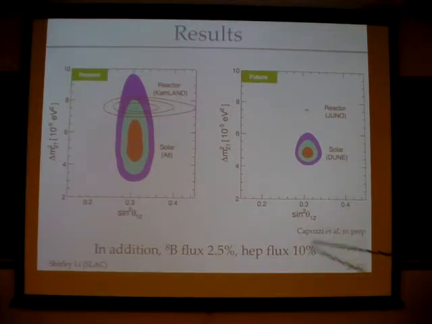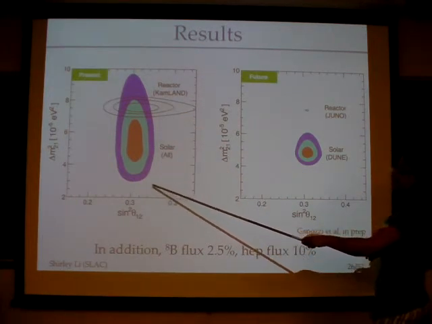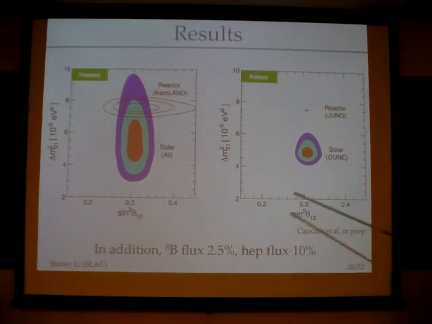The right figure, this color contour, is what DUNE can do with 100 kton-year exposure, compared, on the same scale, to the color contours from the current combined solar. You see it's a drastic improvement, certainly on delta m squared, and it might not be so visible, but there's also improvement on the angle.